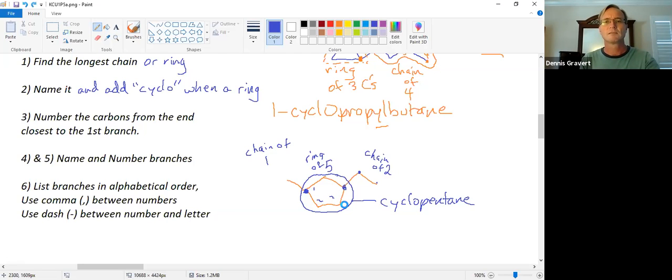You want to get to the next branch as fast as you can, so you want to go across the top. If you start on the left side, the numbering would be 1 and 3 for where the branches are. But if you start on the right side, then carbon 1 is right at this group, and then you go counterclockwise to get the number 3 where the other branch is. It's a tie again.